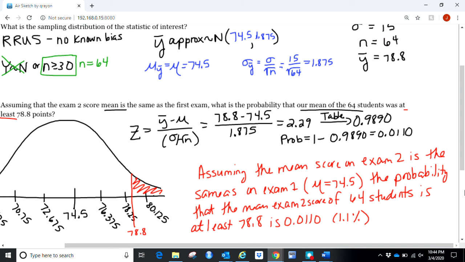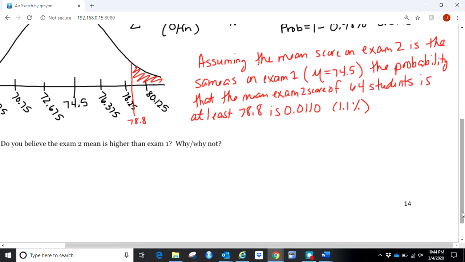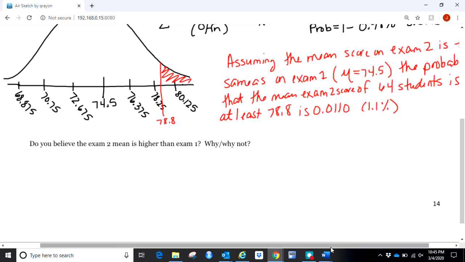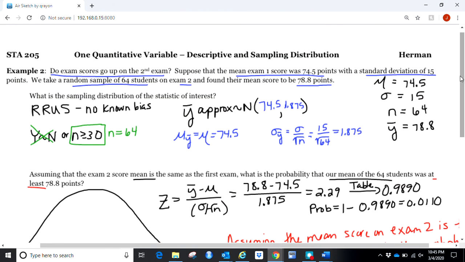But this lends itself well then to think ahead, well, what does that really mean for me? At the very beginning of this problem, it said, do exam scores go up on the second exam? So if you really think about what we've just written here, we've really taken the idea and written an alternative hypothesis. I really want to know, well, is the mean higher on exam 2 than it was on exam 1?